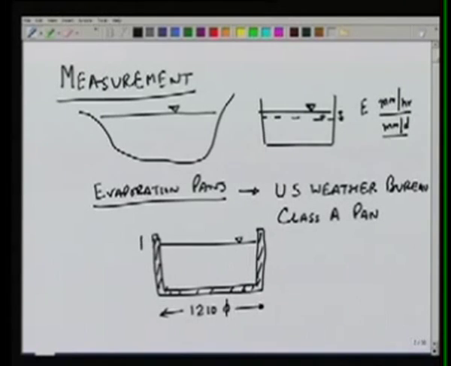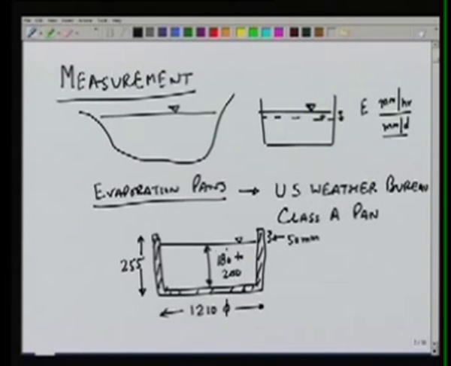Height of 255 millimeter. The water level typically is 50 millimeter below the top, and this depth of water within the pan we try to maintain at 180 to 200 millimeter.